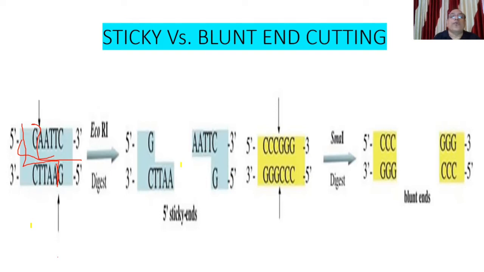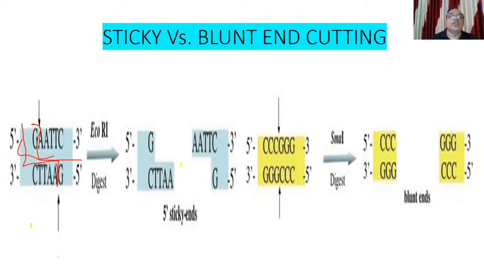If two fragments cut by the same restriction endonuclease are brought together, they will automatically form hydrogen bonds with the unpaired nucleotides. That is, they will stick to each other.